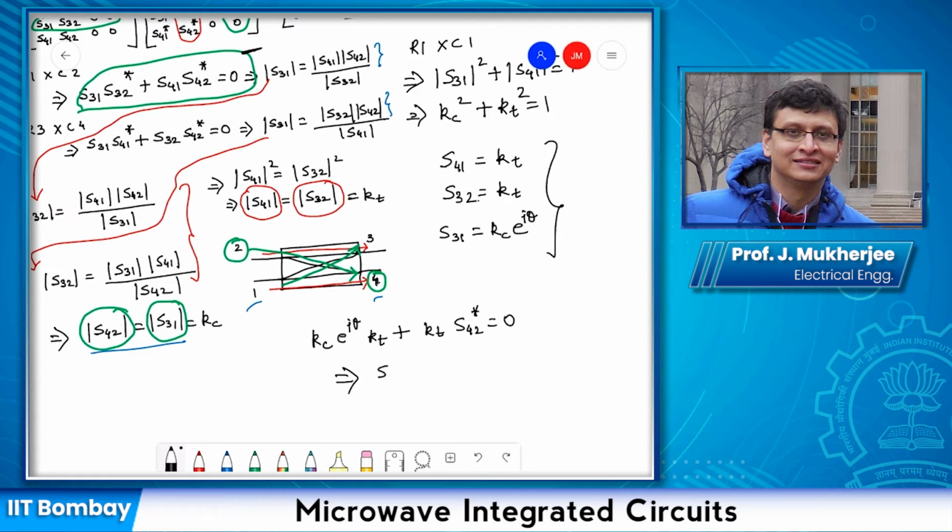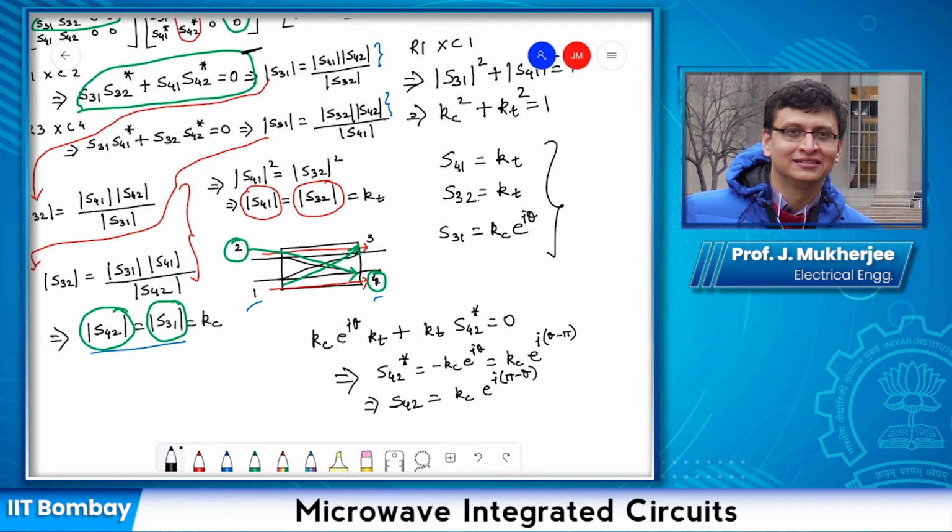So from here, S42 conjugate is equal to minus Kc e raised to j theta. I can also write this as Kc e raised to j theta minus phi, and then from here S42 will be equal to this.